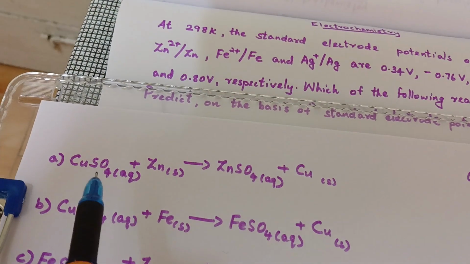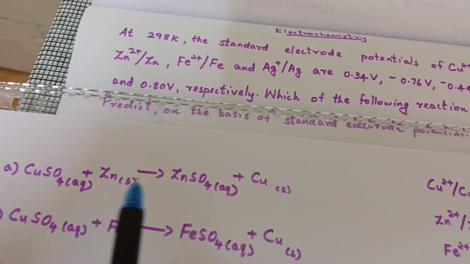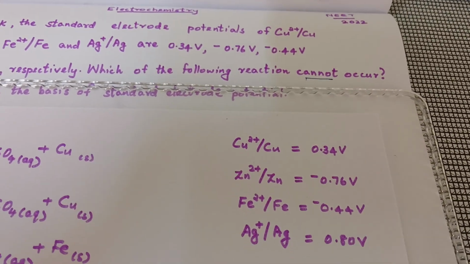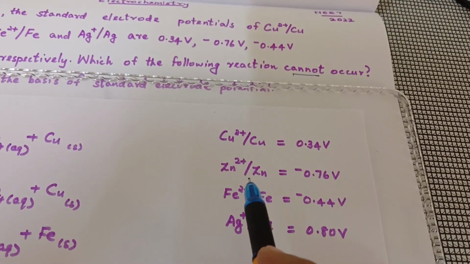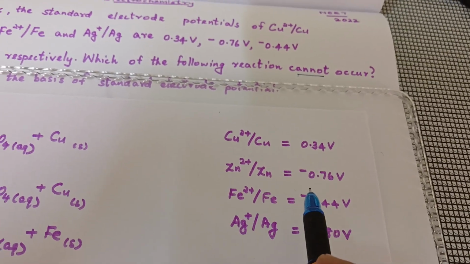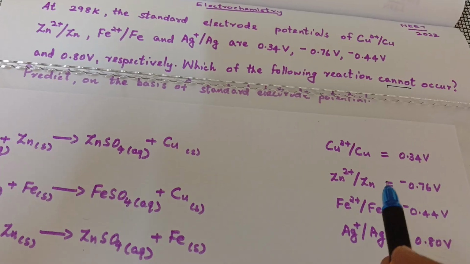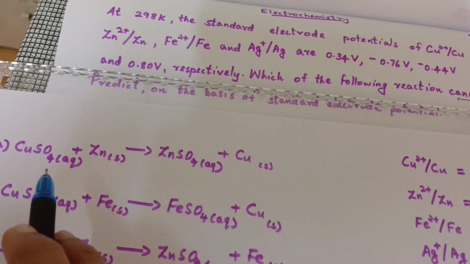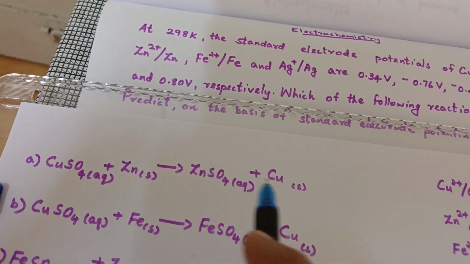So here in this first equation, CuSO4 plus Zn, the reduction potential of copper, 0.34, is more positive, and that of Zn2+ is minus 0.76. So that means from copper sulfate we should get copper. That is, copper should get reduced.